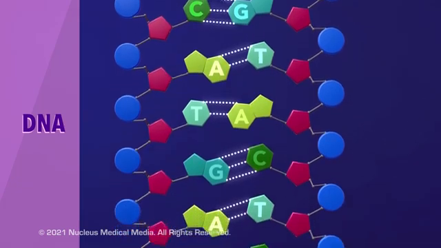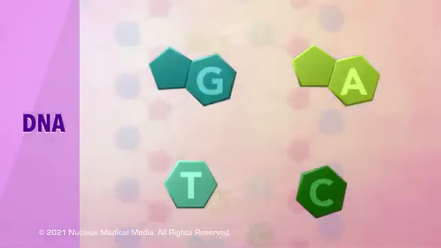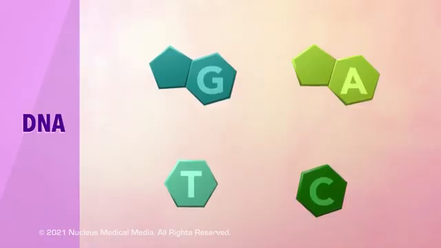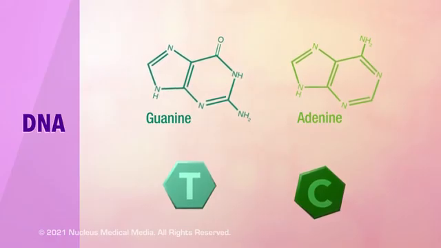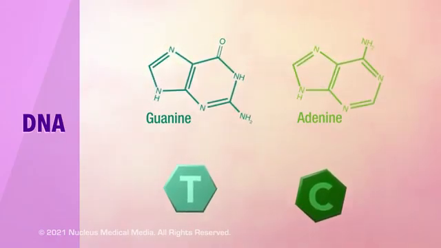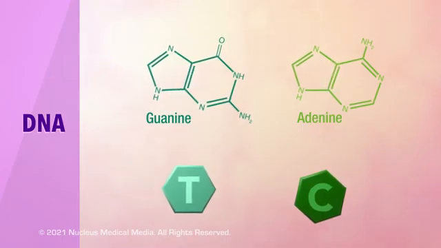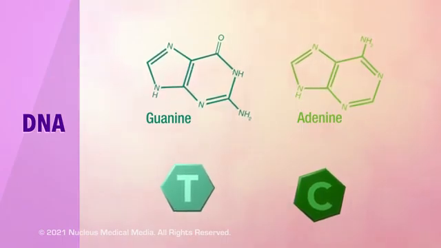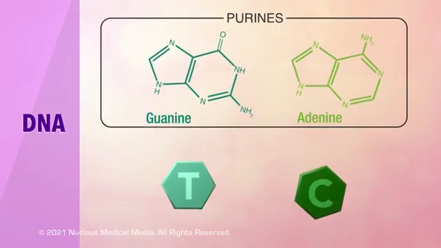Scientists classify nitrogenous bases according to the shape of their molecules. Adenine and guanine both have a double ring structure containing a 6-membered and a 5-membered nitrogen-containing ring fused together. These types of ring structures are chemically classified as purines.